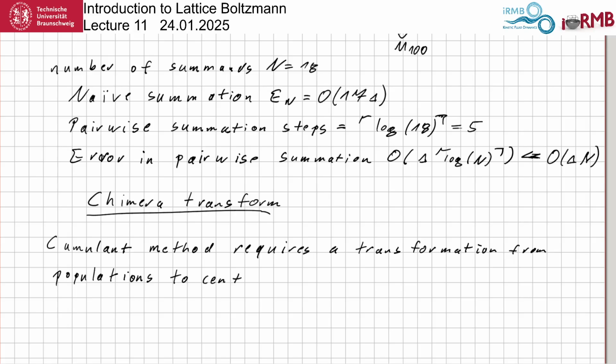The reason is that we cannot compute cumulants directly, we have to first compute some moments, and from the moments we can then compute the cumulant. So there's a possibility to first compute raw moments, from raw moments central moments, and from central moments cumulants, as we did in the example last time. And if you do this in 3D, you will absolutely kill everything you try to gain.